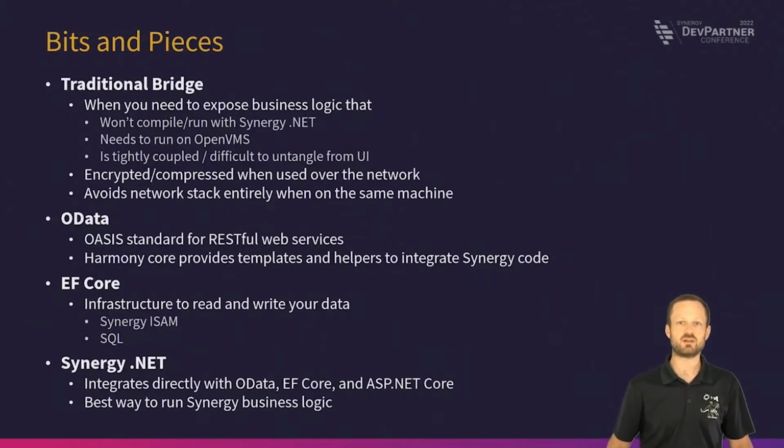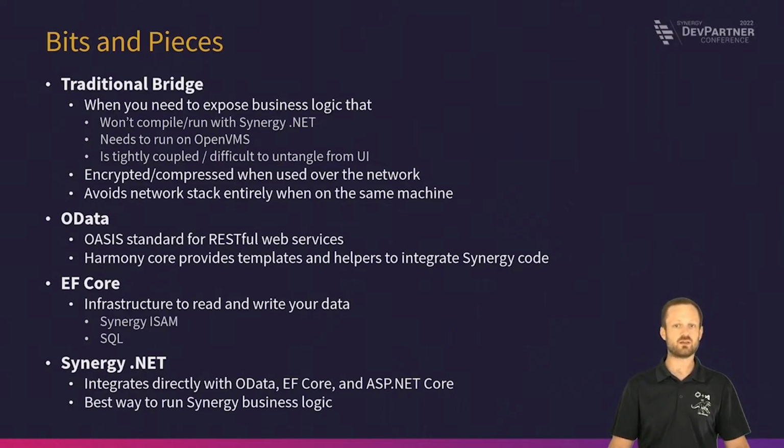So here are the main topic areas for Harmony Core, the libraries and technologies that we sit on top of. Traditional Bridge is the tool that you reach for when you have some bit of code that needs to be web servicified, but for some reason you can't just compile it and run it directly in Synergy.NET. So Traditional Bridge uses just a regular old Synergy compiler and runtime to do its work.